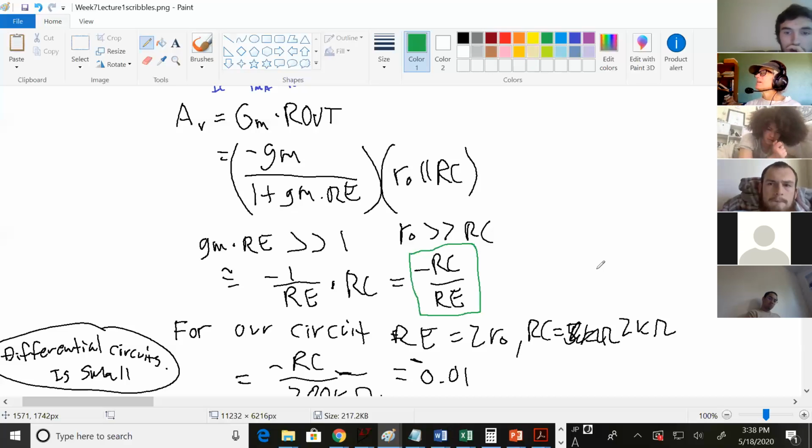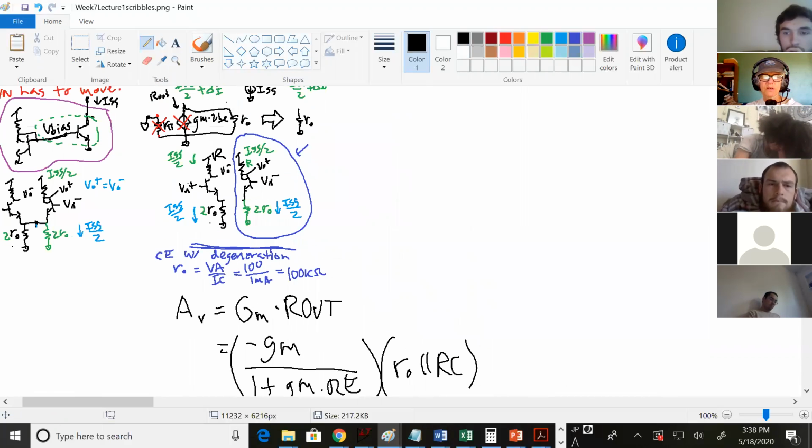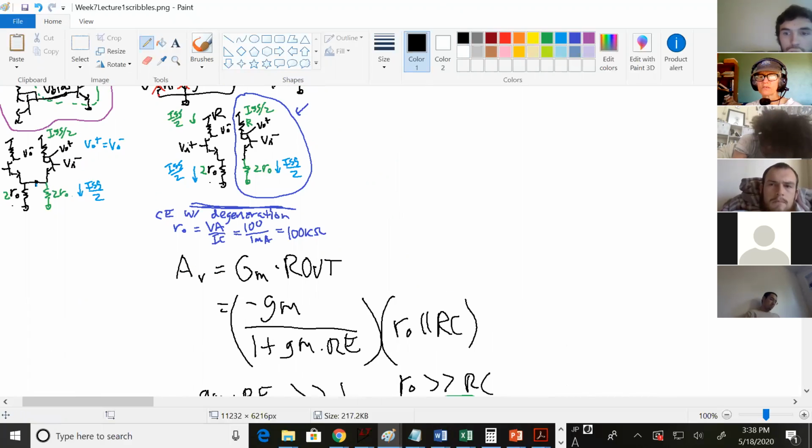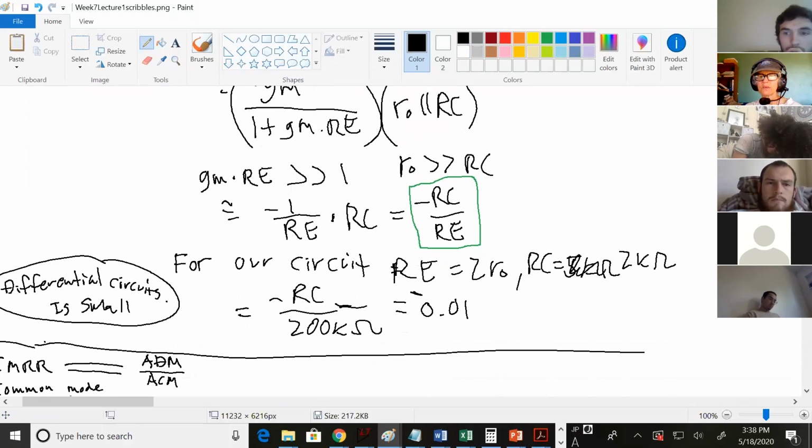Okay. And then the final step here is your RE. If you come back up here, your RE is actually 2RO. So I just randomly picked a number here. I said, let's make RC 2 kilo ohm.